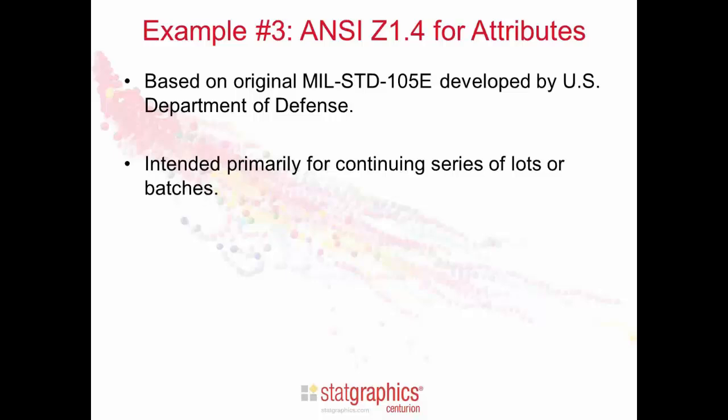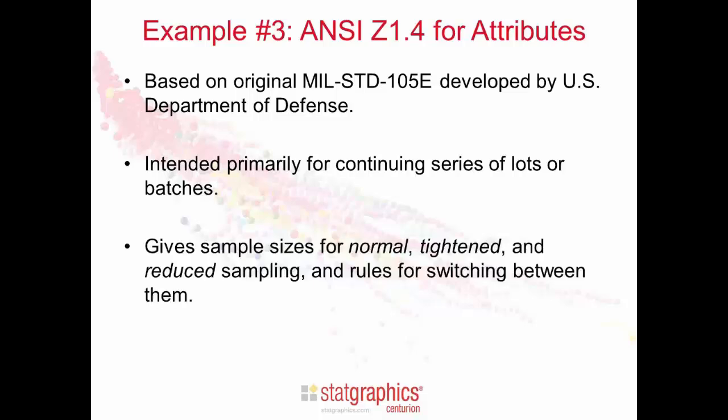Now, ANSI Z1.4 is intended primarily for inspecting a continuing series of lots or batches, not just a single lot or a single batch, but a whole continuing series of lots or batches. The ANSI Z1.4 specification gives a procedure for determining sample sizes for what's called normal, tightened, and reduced sampling.